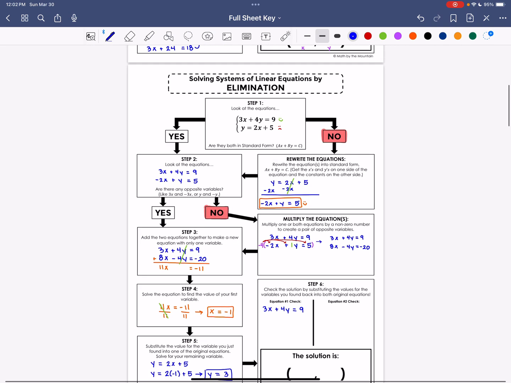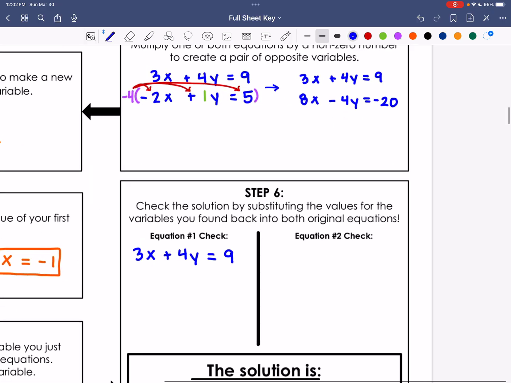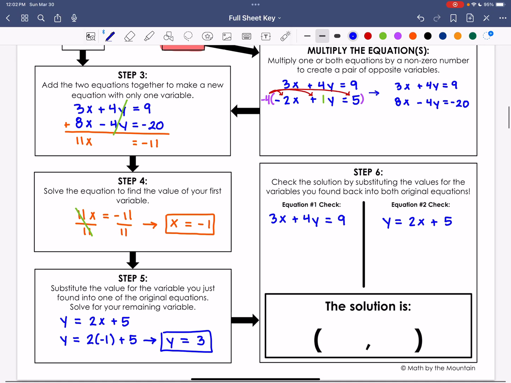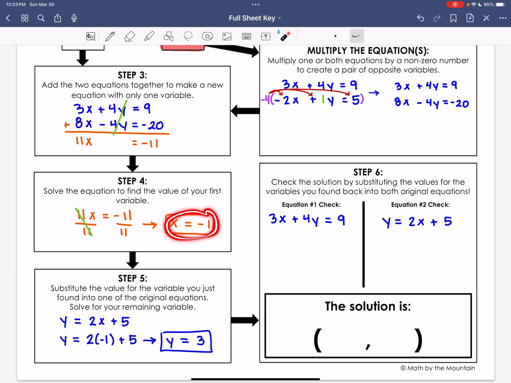And then our second one is y equals 2x plus 5. All right, so we are going to substitute what we think is the correct set of answers. So -1 for x, 3 for y, and just make sure that when we substitute this, it produces a true statement.